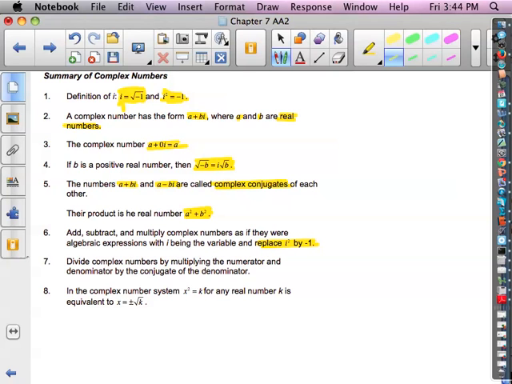Divide complex numbers by multiplying the numerator and denominator by the conjugate of the denominator. And in the complex number system, x squared equals k for any real number k is equivalent to x equals plus or minus the square root of k.